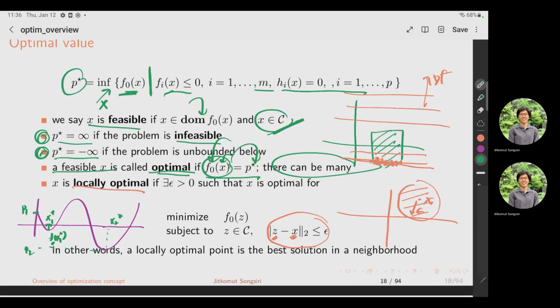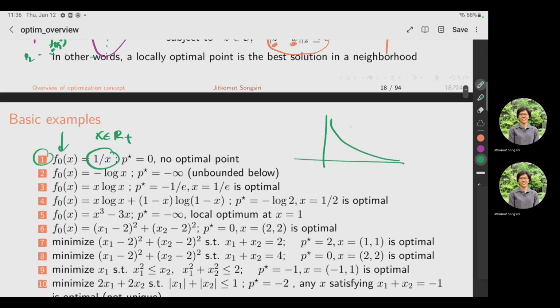That optimal value must be attained at that x, so that you're going to call x an optimal point. In the very first example, the infimum of the objective is 0, but that requires x to be infinity. Can you attain that? No, because x has to be very, very big. No optimal point, technically.